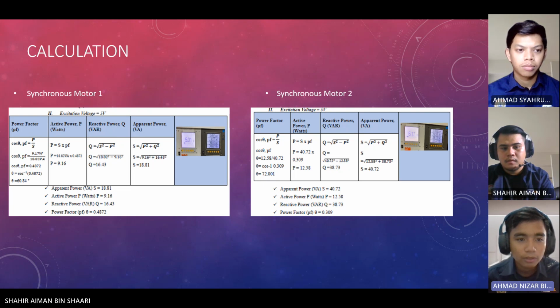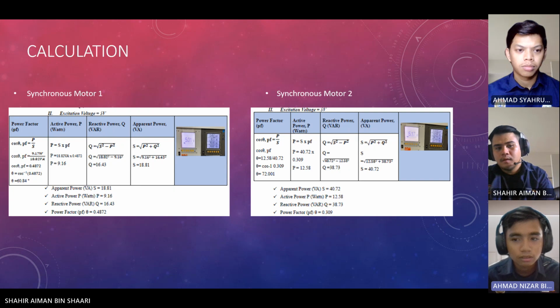For reactive power, we will use the square root of S squared minus P squared. And for apparent power, the formula is S equal to the square root of P to the power of 2 plus Q to the power of 2.